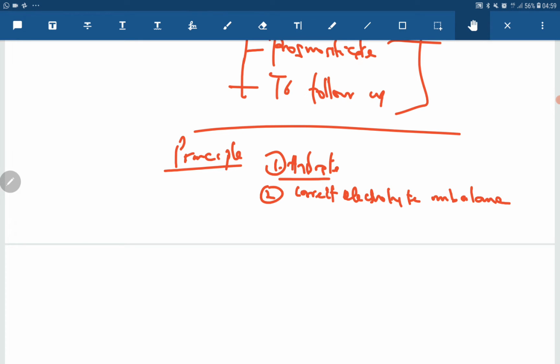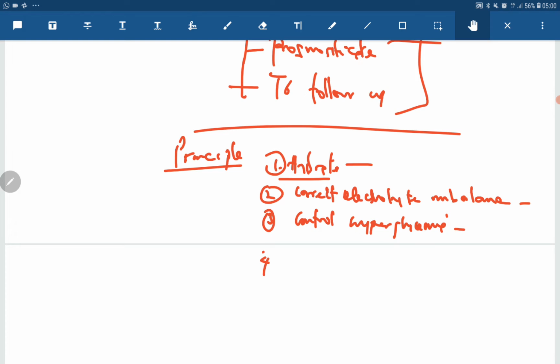So fluid and electrolyte is the first part of the management, and 3 is to control hyperglycemia. So the first is fluid, you want to hydrate. Second, you want to correct electrolyte imbalance. Third, you want to control hyperglycemia.